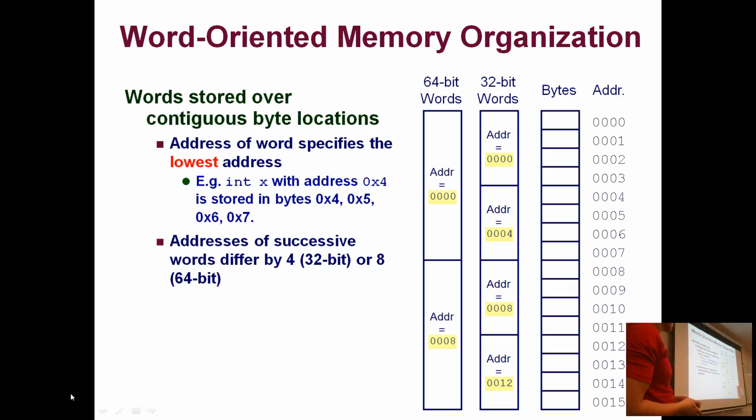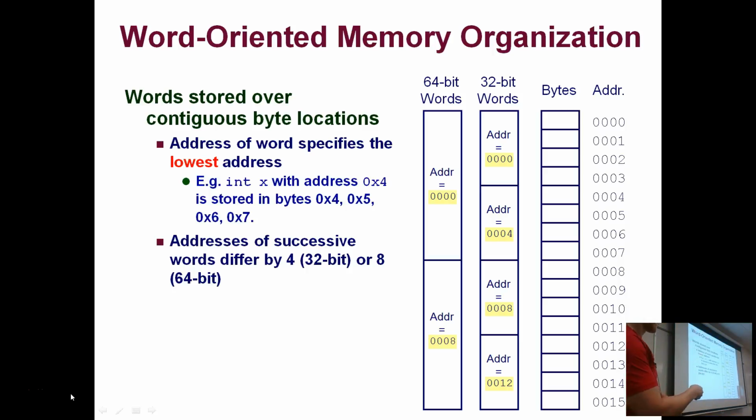Okay, so one of the key issues when you have words in memory is how they're stored. And so typically when you have a pointer or an address stored in memory, the word itself is stored over contiguous byte locations. And moreover, the address of that word specifies the lowest address. So here you have, for example, an integer. And if this integer has an address of hex 4, then hex 4 is the lowest byte of that integer, and the rest of the bytes are stored from 4 to 7.